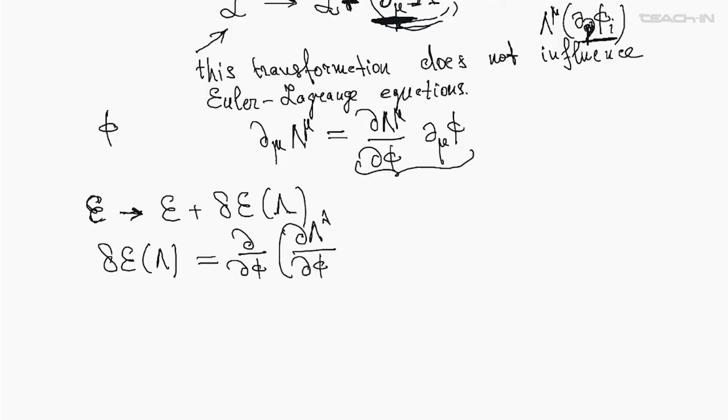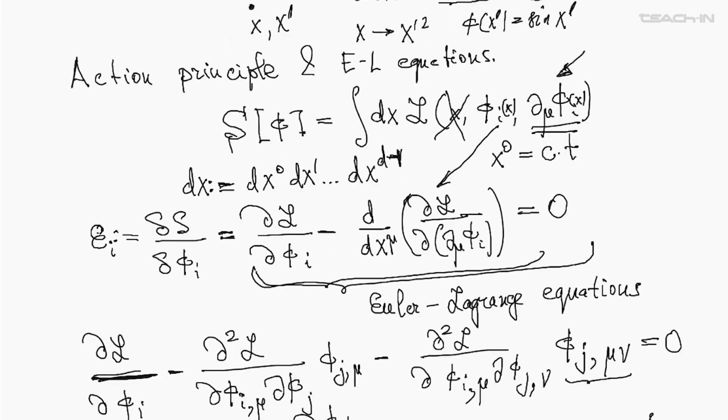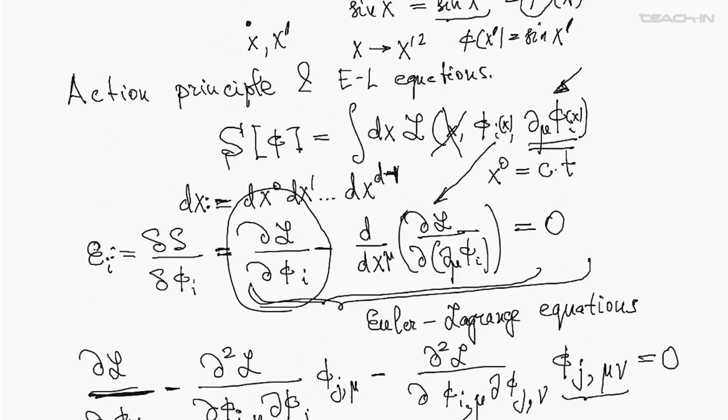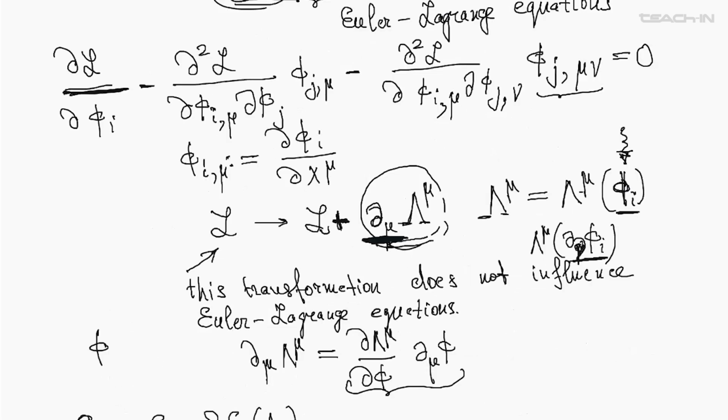This is the first term we have in our Lagrangian derivative, where instead of the Lagrangian density I substituted this extra contribution. And now I have to subtract the second term, also substituting instead of the Lagrangian this total derivative.